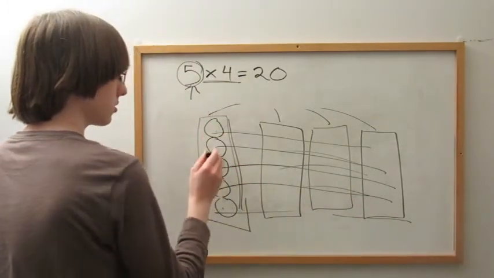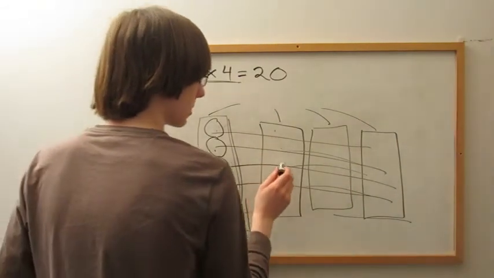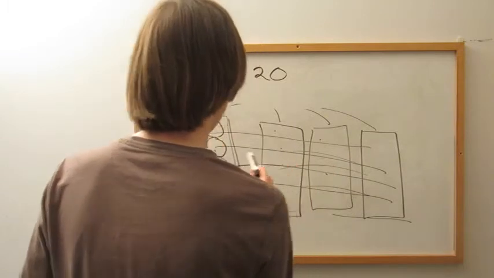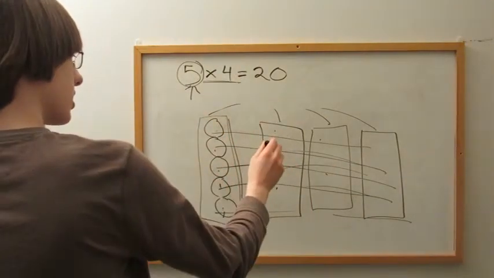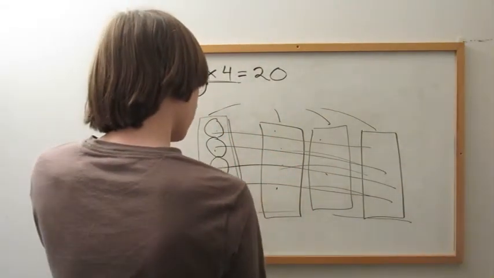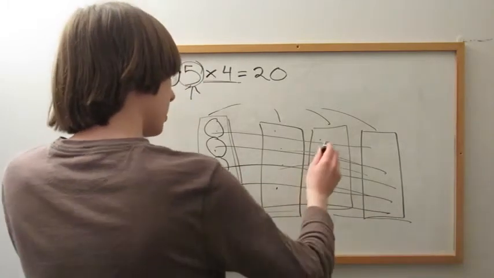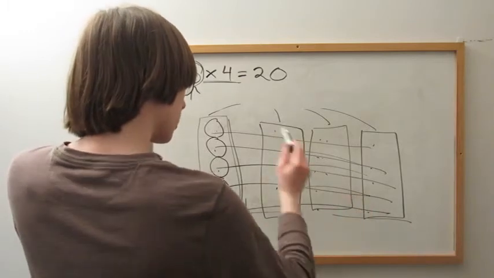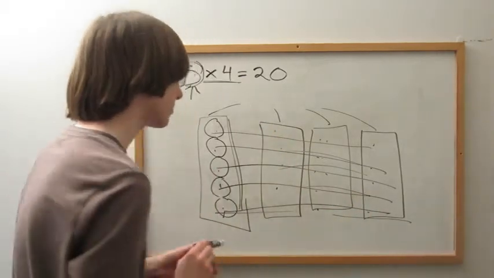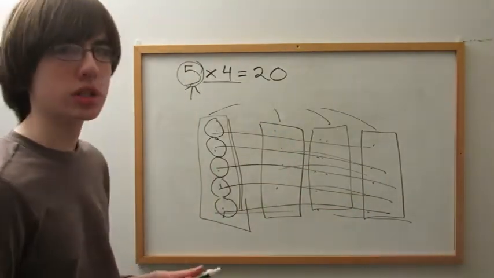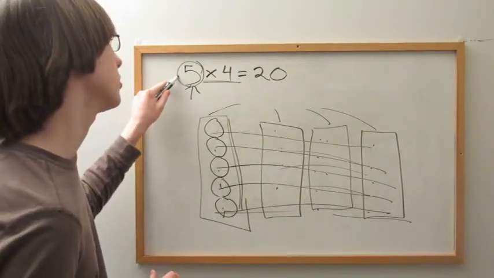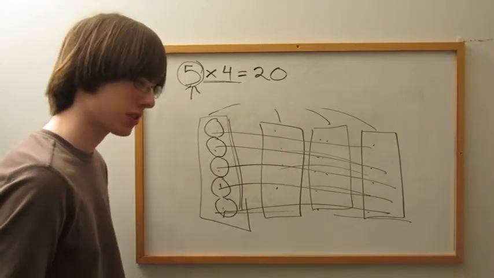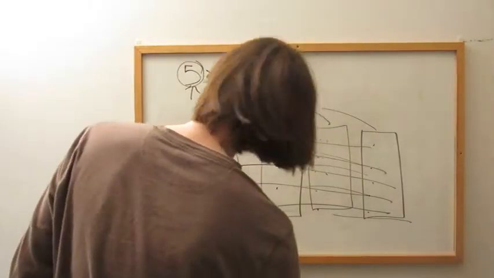So you have 1, 2, 3, 4, 5, 6, 7, 8, 9, we're missing something, yeah, 10, 11, 12, 13, 14, 15, 16, 17, 18, 19, 20. Look, 20, again. So the 4 is indicating that you're treating this as a group. That you have 4 of the group. Does that make sense? I hope that makes sense.